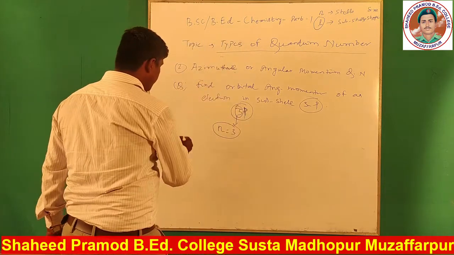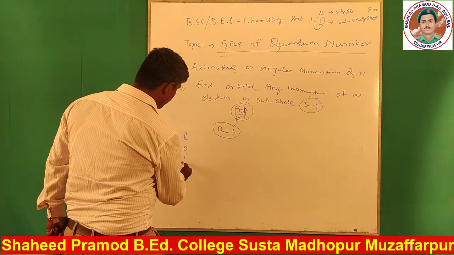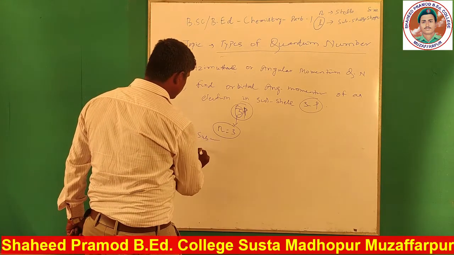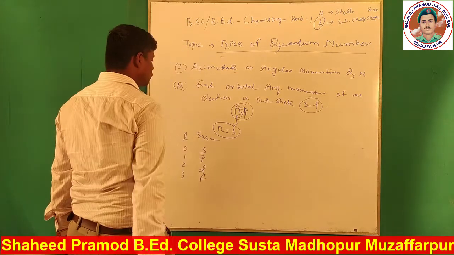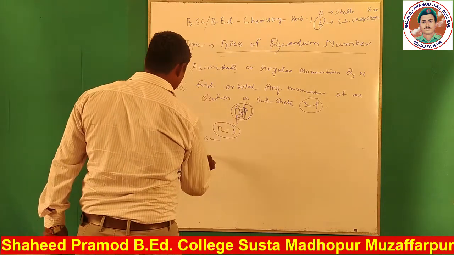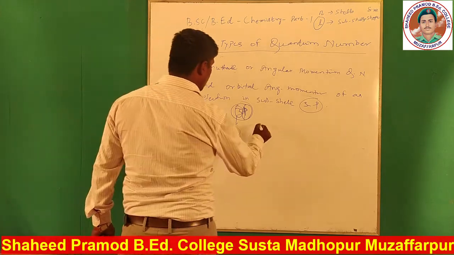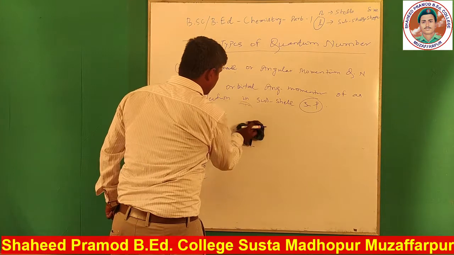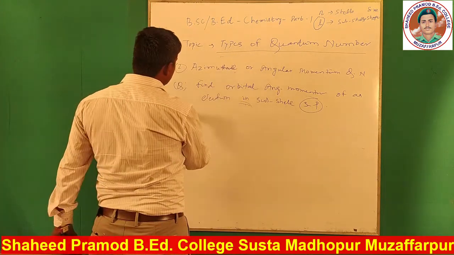If you see the table again, 0, 1, 2, 3, what will be the notation of subshells? This is S, P, D, F. So, for the P subshell, what is the value of L? That is 1. So, you can write down the solution.